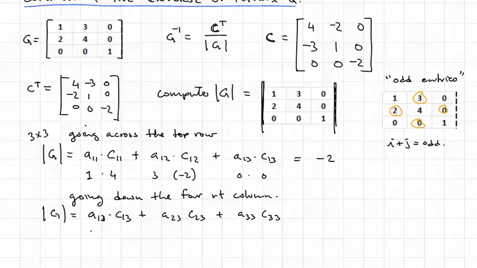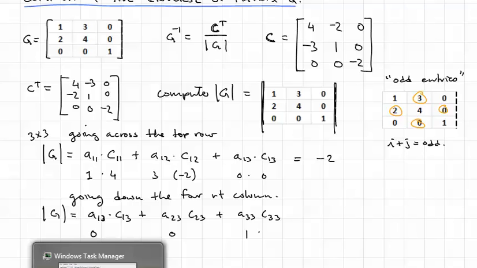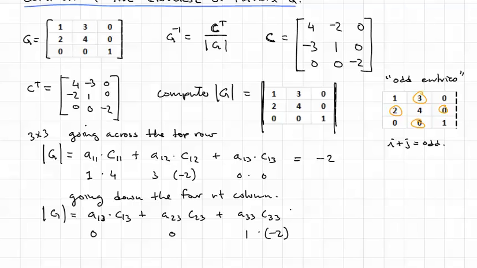But A13 is 0, A23 is 0, and only A33 is non-zero, and so we really only have one term to contend with. You only need the cofactor C33, which we have found up here to be minus 2.